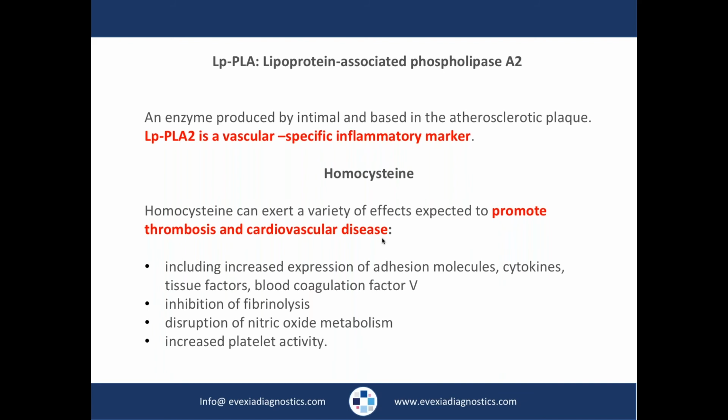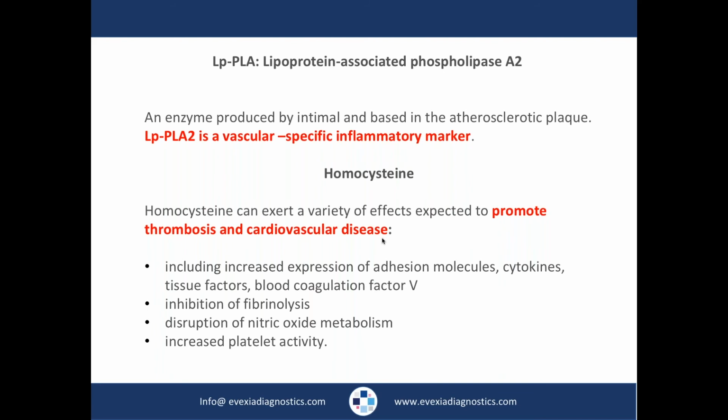Homocysteine, another marker. You're probably familiar with homocysteine going up. It certainly could be a nutritional marker, needing B12, B6, and folic acid. The thing about this particular marker is that when it goes up, it can promote thrombosis and cardiovascular disease. It does that by the bullets you see on the bottom. It'll increase the expression of adhesion molecules, cytokines, and tissue factors. It also will increase blood coagulation factor 5.